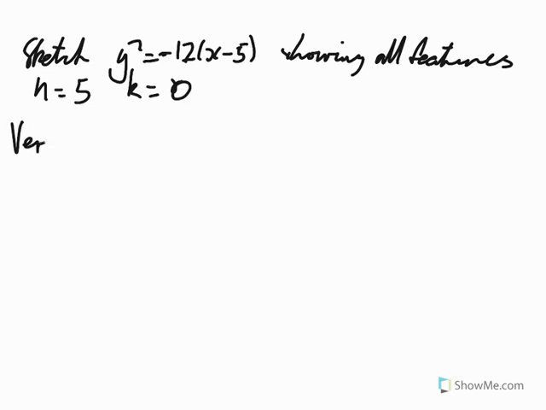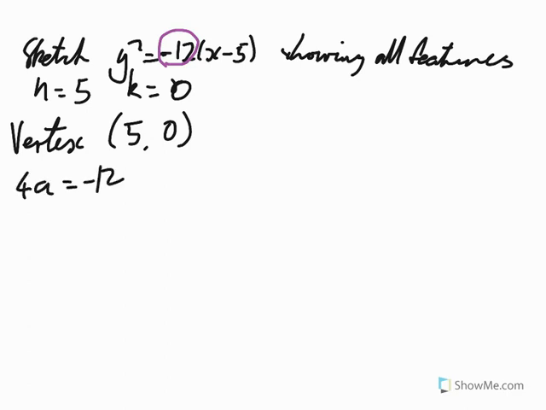So that means we have vertex at 5 and 0. The 12 here has got to be equal to 4a, so it's got to equal negative 12. So from that a equals negative 3.